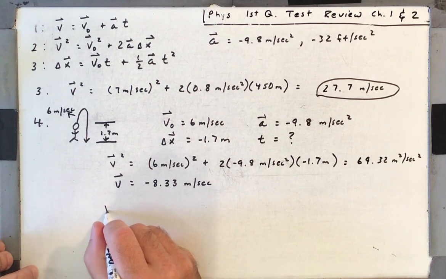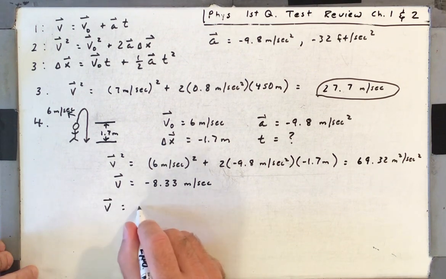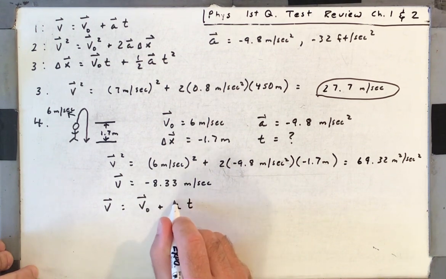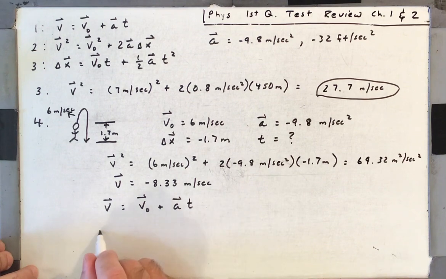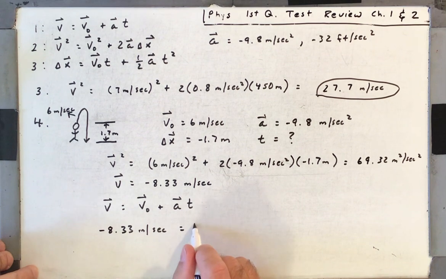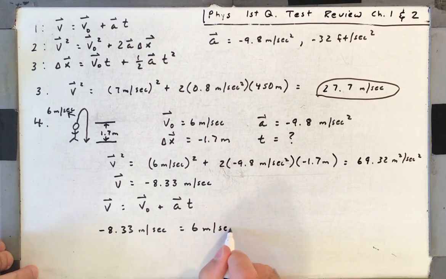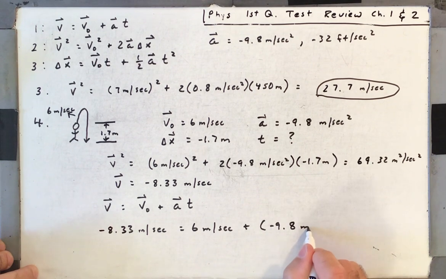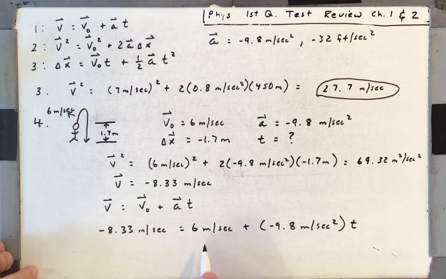Now we can use equation 1. That's velocity is equal to initial velocity plus acceleration times time. So that's negative 8.33 meters per second is equal to 6 meters per second plus negative 9.8 meters per second squared times time.